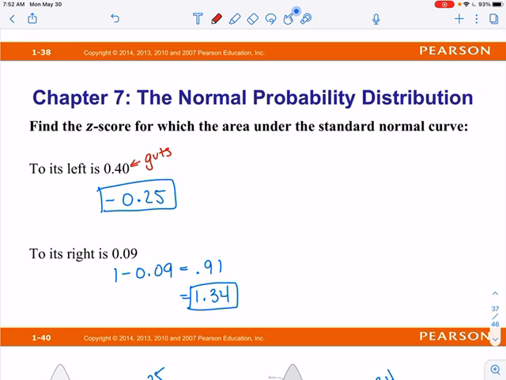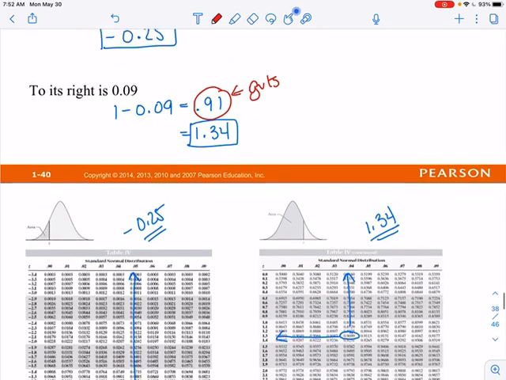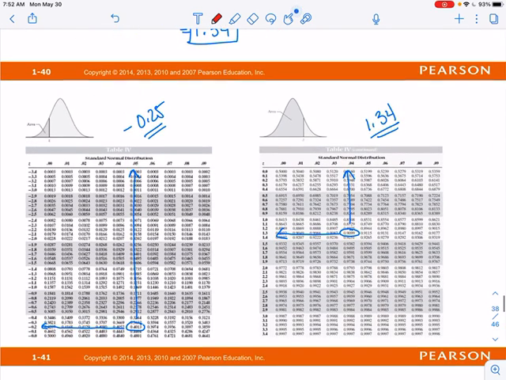So the first thing I did was 1 minus that number, and then I'm looking up that 0.91 in the guts of the chart. And when you do that, those are the two z-scores that you're going to end up getting. And on the next slide, again, I did them both. So you can see inside the chart as close as I could get to both of those numbers, and then the z-scores that are associated with them.